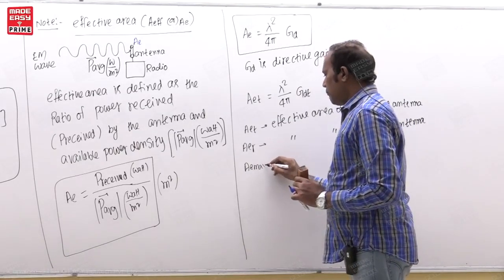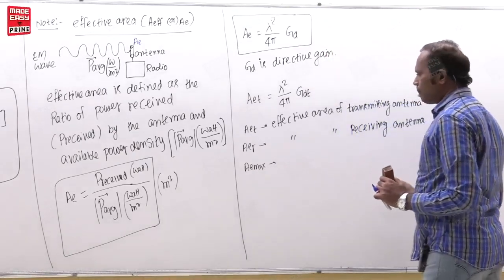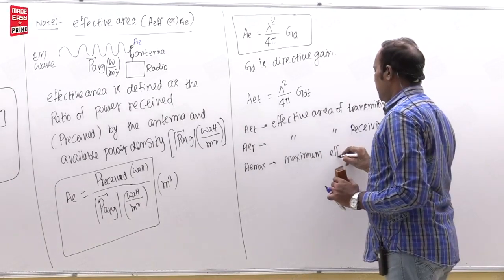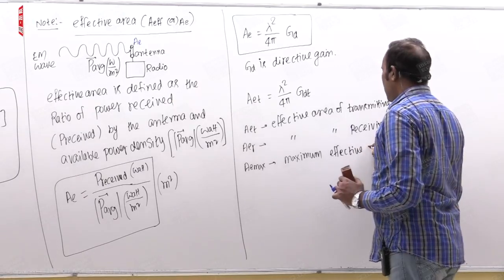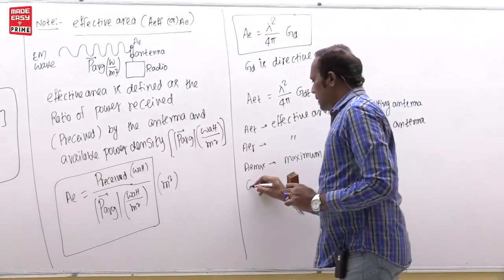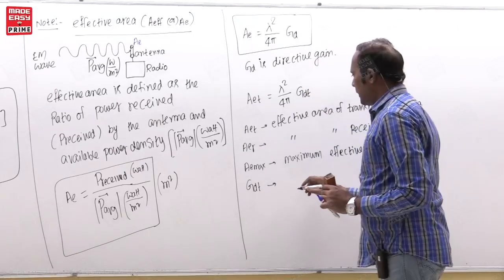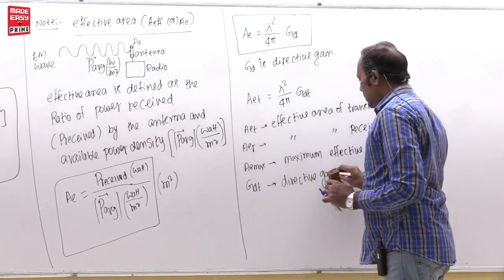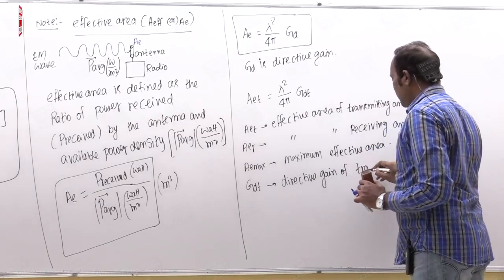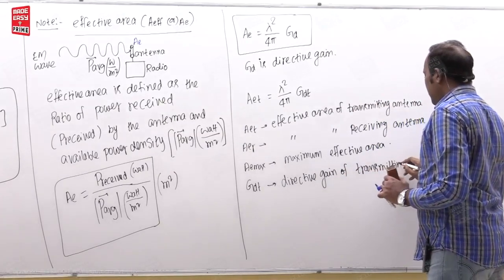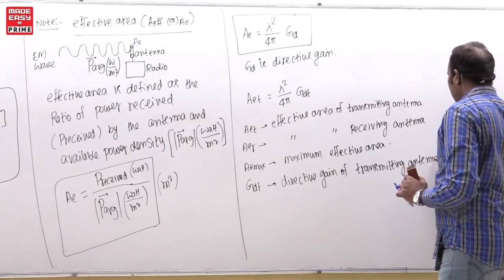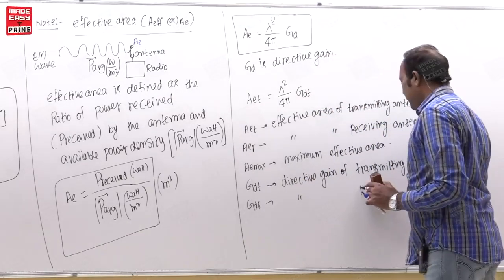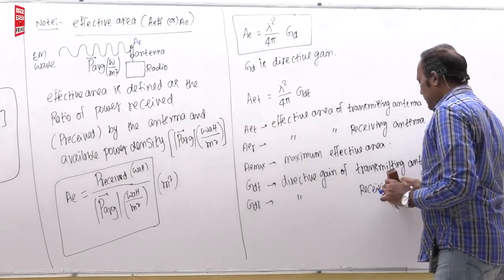AE max means maximum effective area. GDT means directive gain of the transmitting antenna. GDR means directive gain of the receiving antenna.